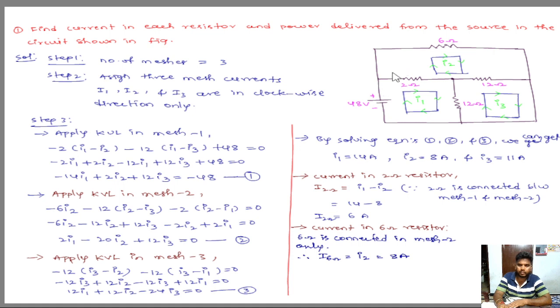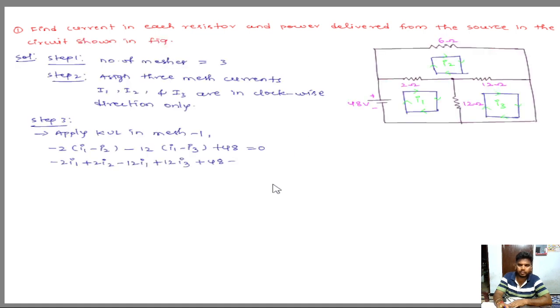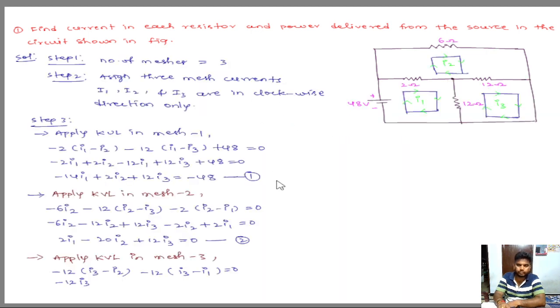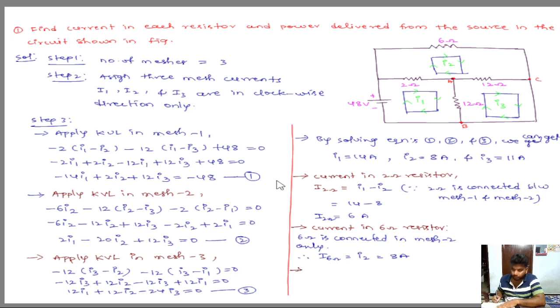Assuming this is point A, this is point B, and this is point C. Just assuming the current flows from point A to B. Observe, this 12 ohm is connected between mesh 1 and mesh 3.